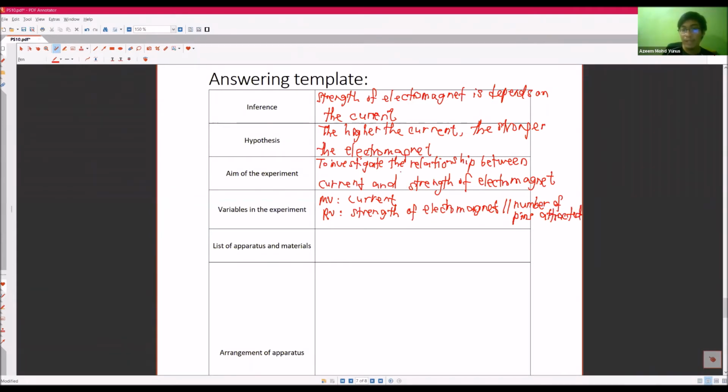That's how we measure the strength of electromagnet, by counting the number of pins attracted. The higher the number of pins, the higher the strength of electromagnet. So constant variable here is the number of turns of coil.